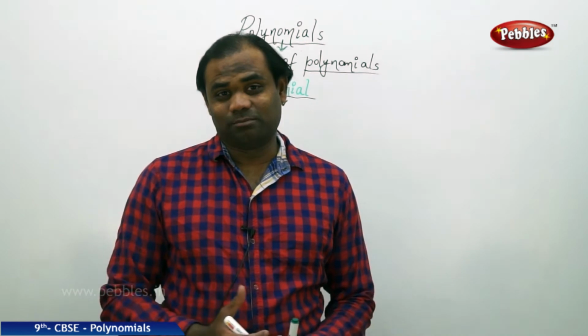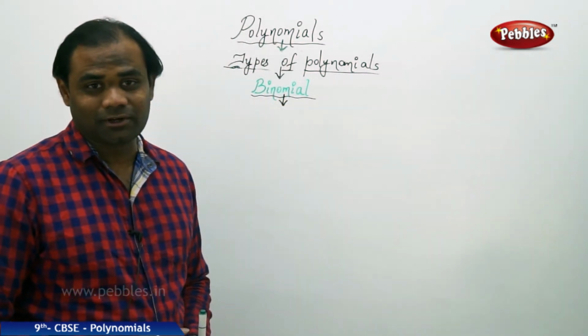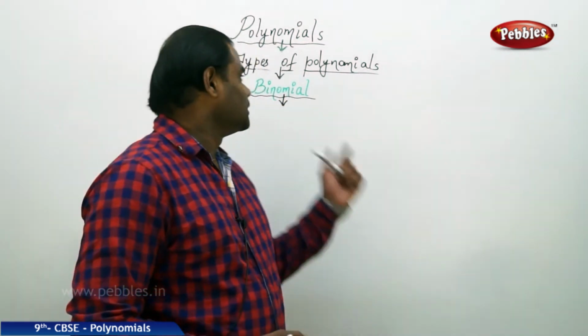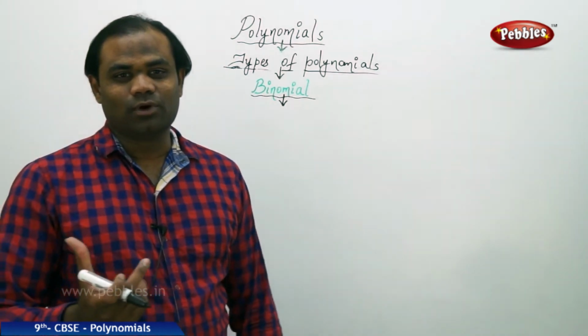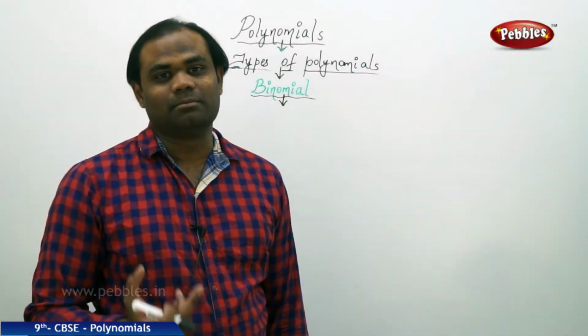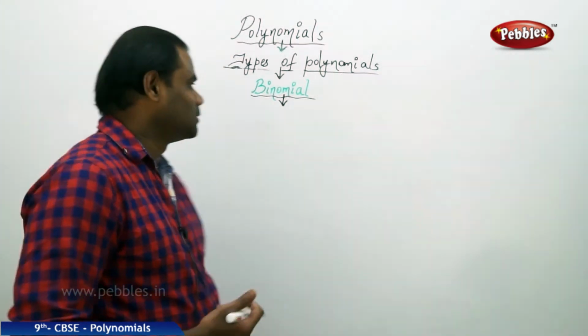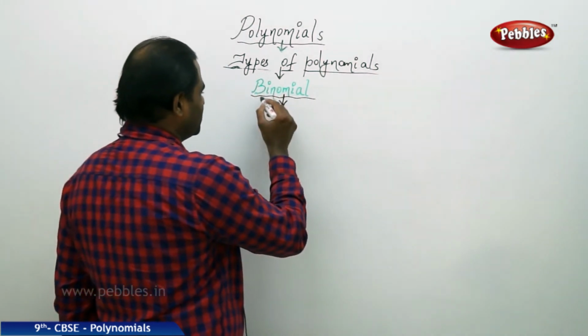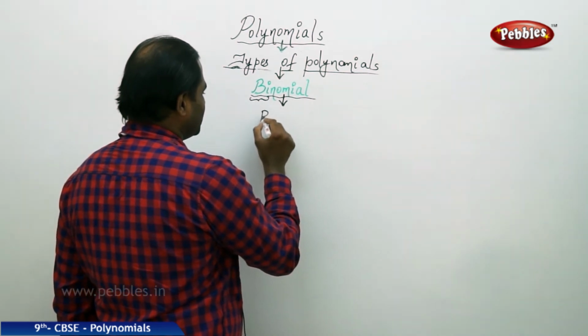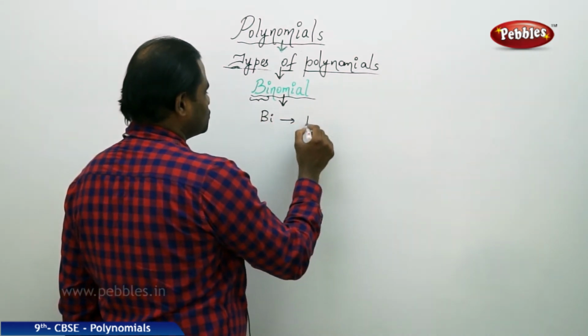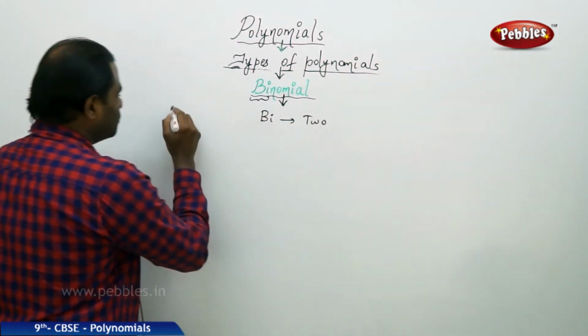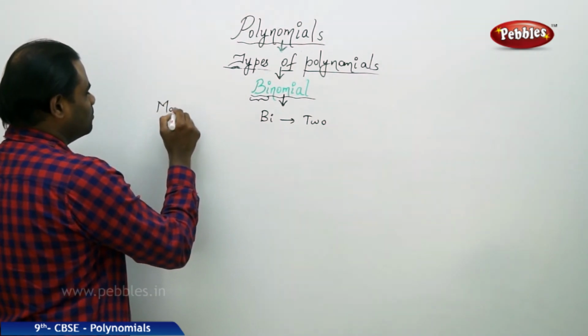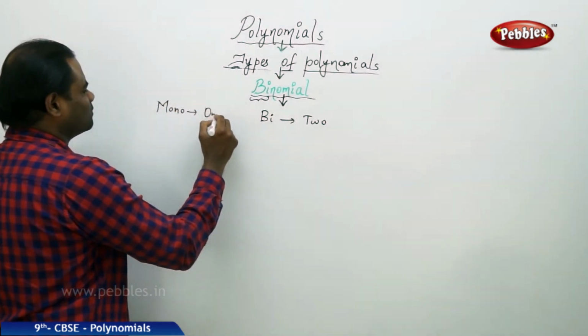The next type of polynomial after the discussion of monomial is binomial. So let's see what a binomial is in the branch of polynomials. As we see, the word bi, taken from binomial, clearly indicates that bi refers to 2. And monomial, which has mono, refers to 1.